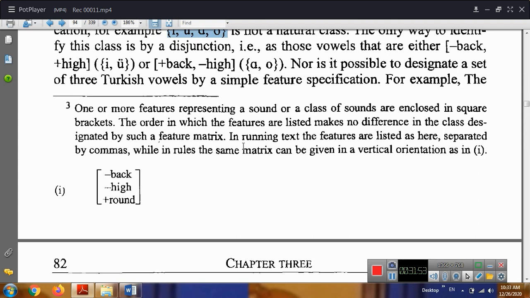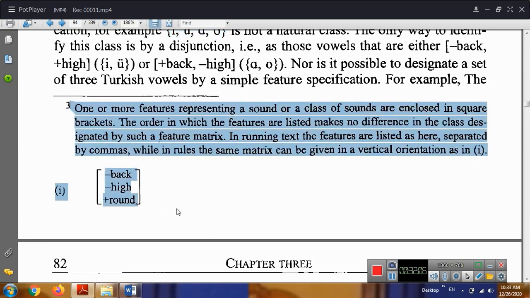In running text, the features are listed as here, separated by commas, while in rules the same matrix can be given in a vertical orientation as here. I want to repeat it again, it is very important. You should know it. One or more features representing a sound or a class of sounds are enclosed in a square bracket like here.